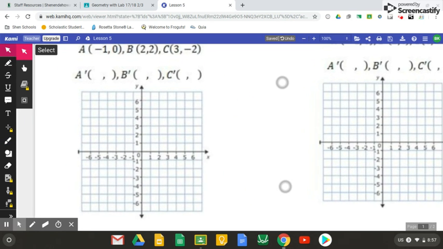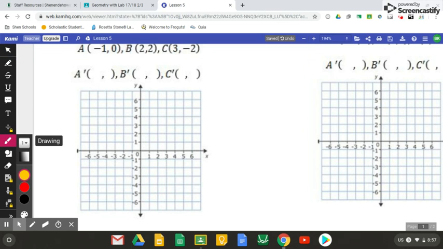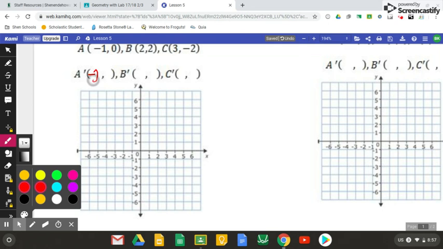Since my center is the origin, that means I'm going to take my points and multiply them by the scale factor to get my new points. So A prime. Well, I look at A, I say what's -1 times 2? That's -2. And what's 0 times 2? That's 0.